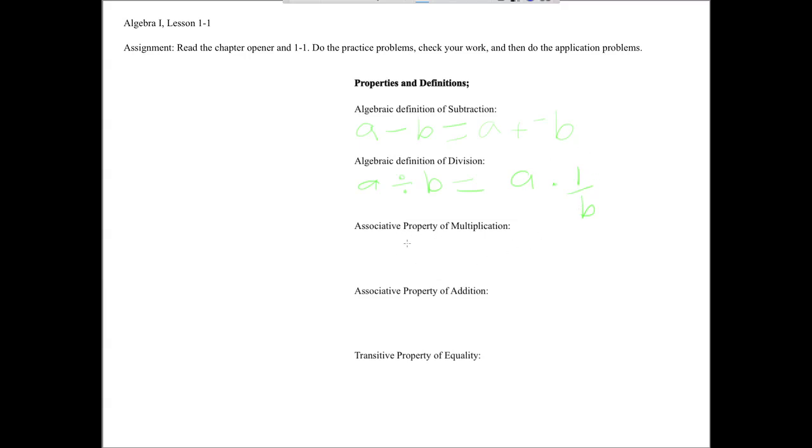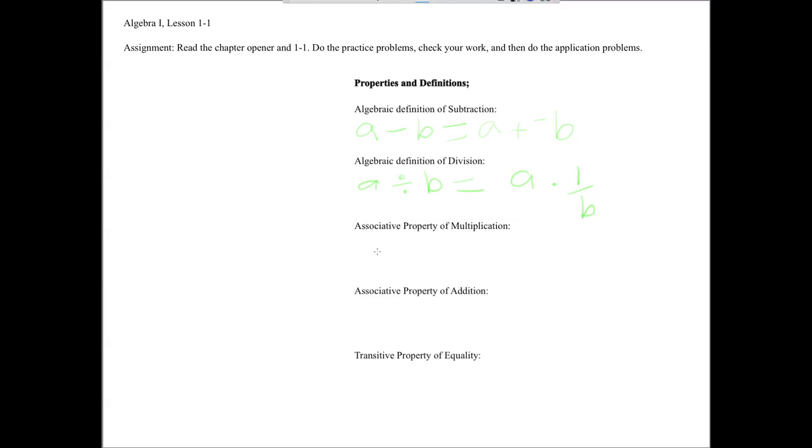Let's look at what these associative properties mean. The associative property of multiplication simply says that we can change the grouping of numbers in a problem, what is grouped with what, and we can do that without changing the result.